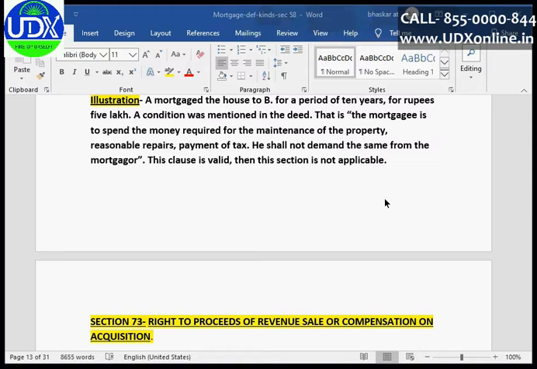There are two matters that you have to know. I'll ask any one of you to give an answer to this. What is the meaning of revenue sale? What is the meaning of acquisition? Can anyone tell me?